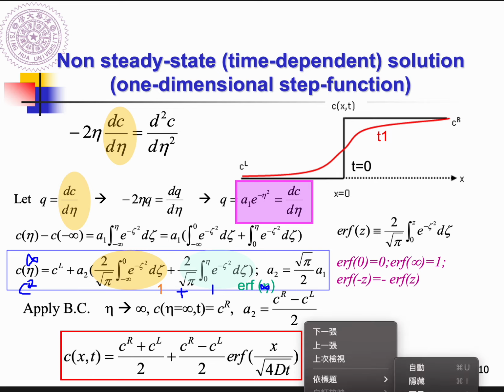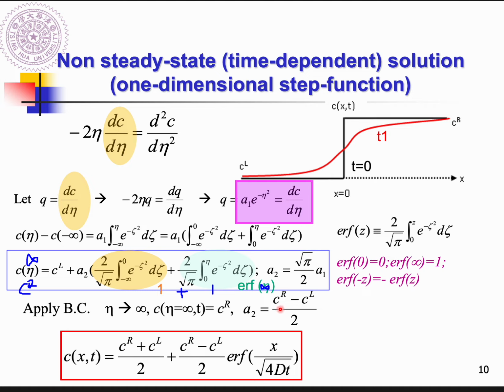So now you know A2, you just substitute this term back here. You can rewrite the concentration as a function of x and t. You need to convert iota back to x divided by square root of 4dt.